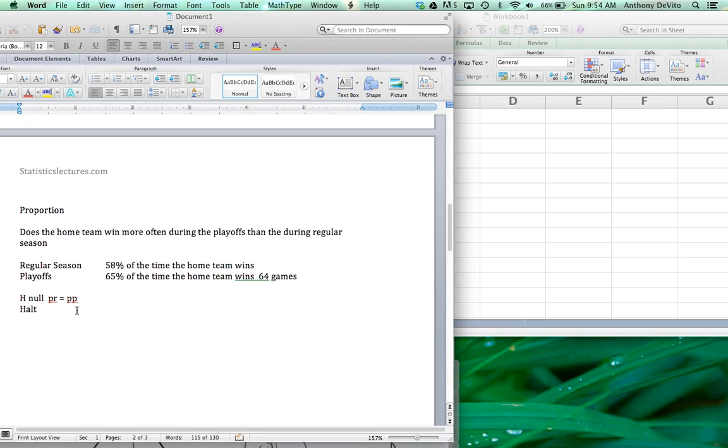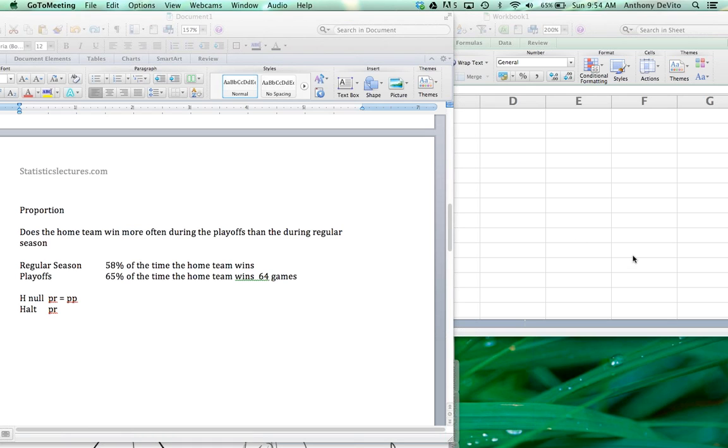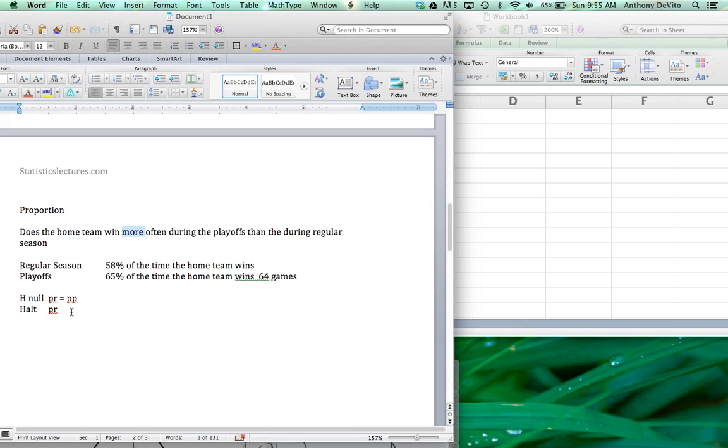So now what's our alternative hypothesis? Let's see. Does the home team win more games? Well, now we're saying that the home team wins more of the games. There's a higher percentage than during the regular season.